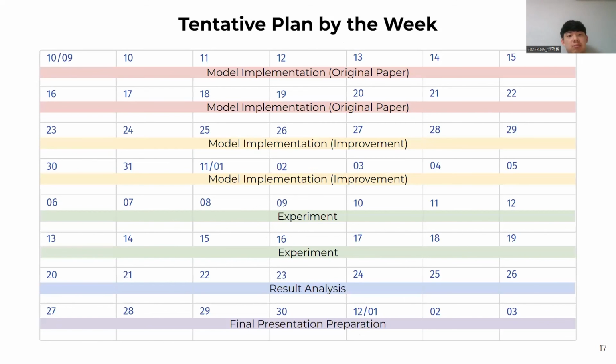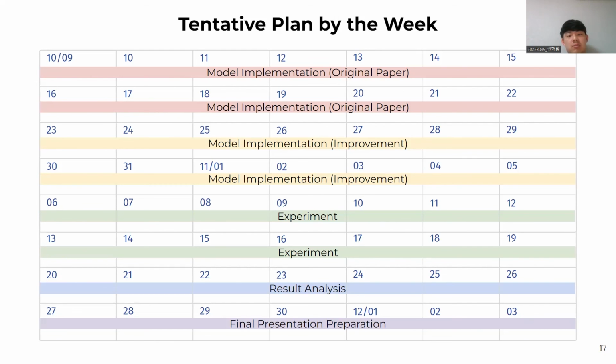Now, this is our tentative plan by week. For the first week or two, we're going to be spending our time implementing the model and algorithm presented in the original paper. And once that is finished, we're going to implement our planned improvement method so that we can add head orientation information to better decode users' intention.